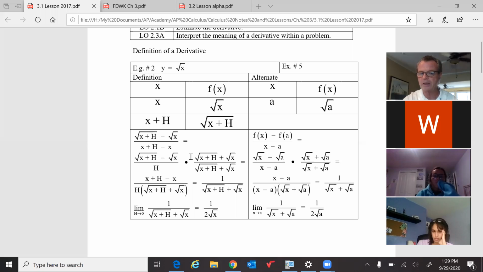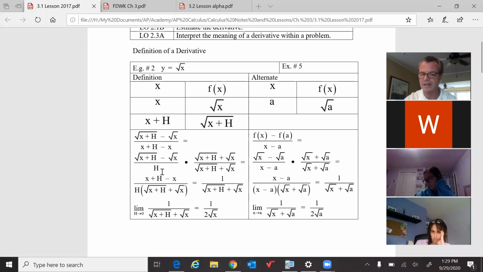A take away b times a plus b would give you the difference of squares. And the difference of squares would get rid of all these root signs. So you would just get the first term, root x plus h squared, which gives you x plus h, subtract root x squared, which gives you x.